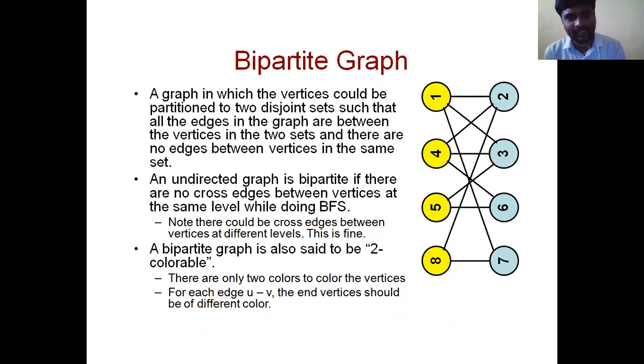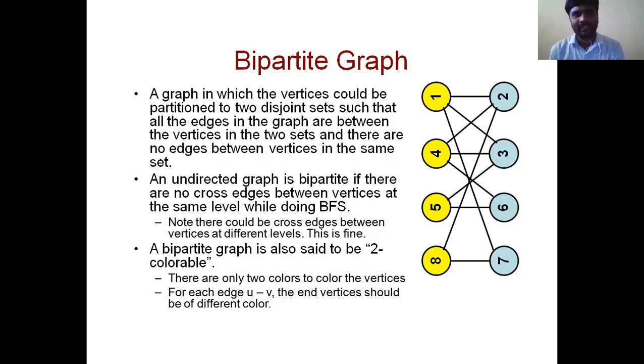Now we are going to discuss the bipartite graph and how it works. A bipartite graph is a graph in which the vertices can be partitioned into two disjoint sets such that all the edges in the graph are between vertices in the two sets, and there are no edges between vertices in the same set.